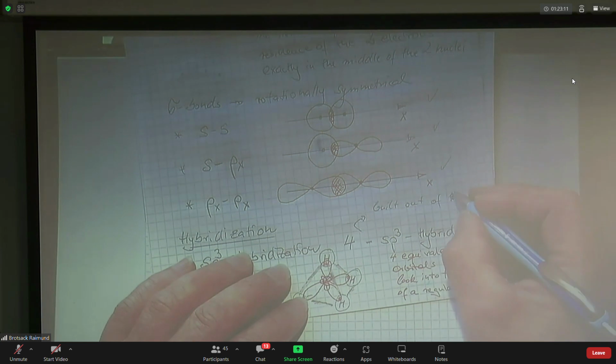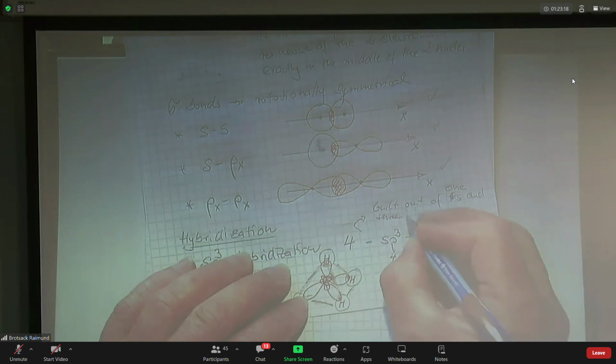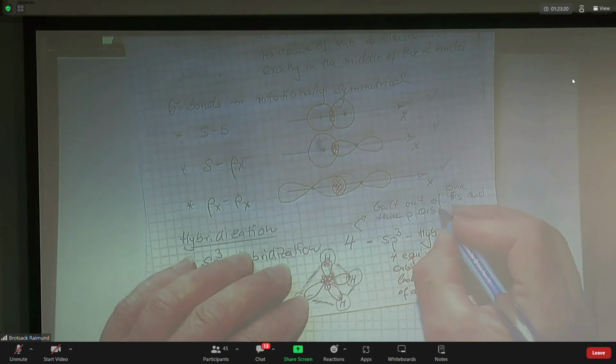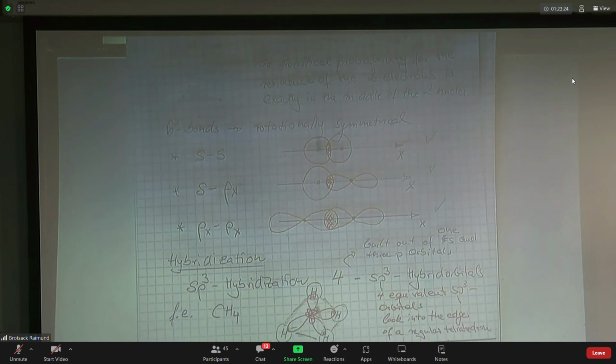I write one s and 3 p orbitals. It must not be read as the 1s and the 3p. It is just the number, out of 1 and out of 3 of the p orbitals. One s and 3 p orbitals. That's why we call it sp3.